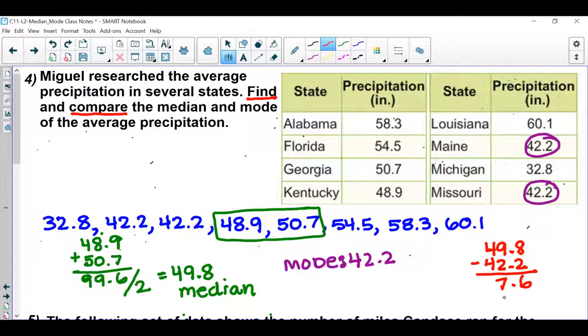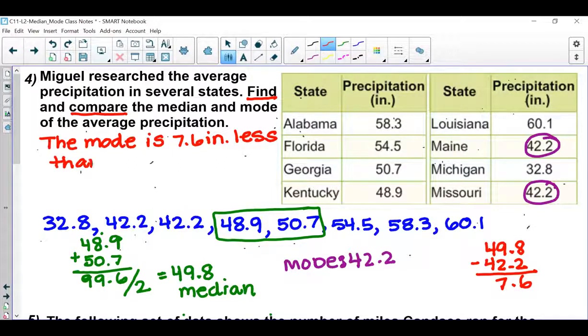So I can say, let me come over here. I can say the mode is 7.6 inches less than the median, or the measure of center.